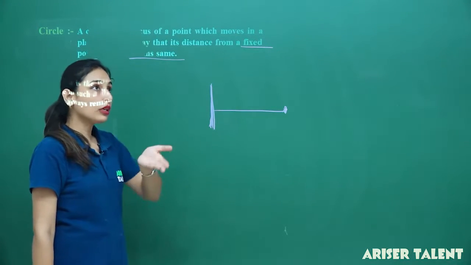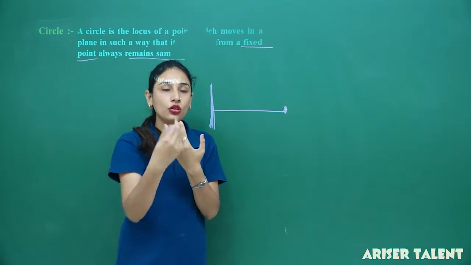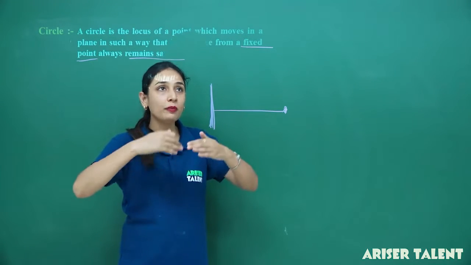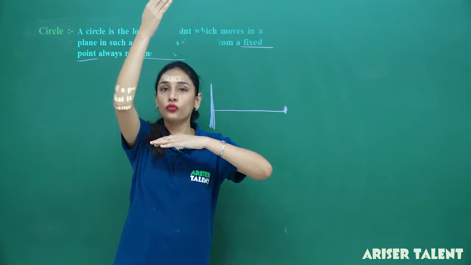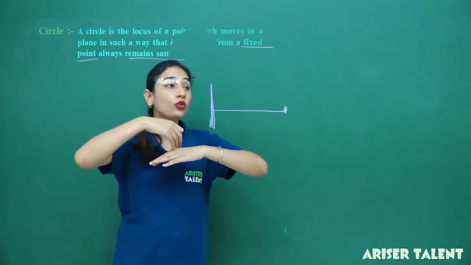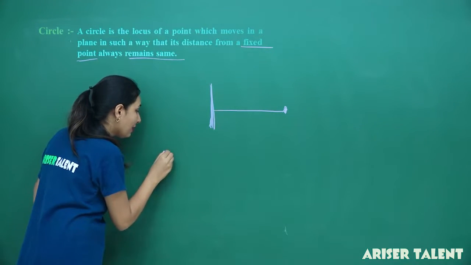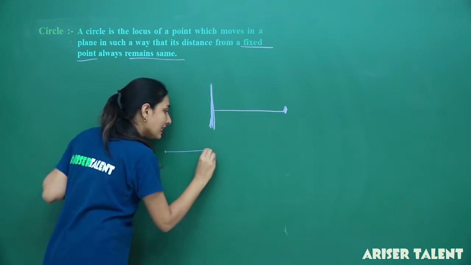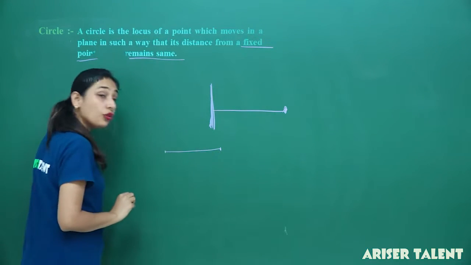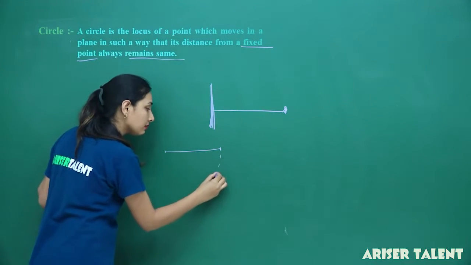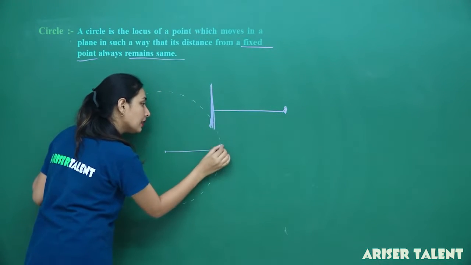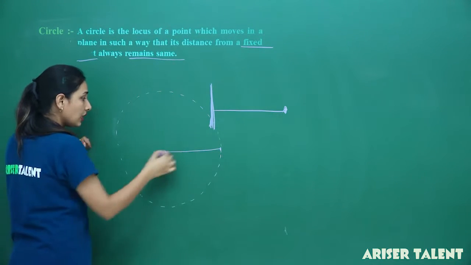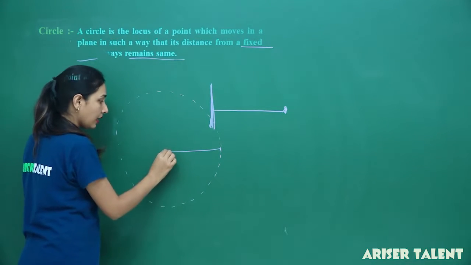Now, if you look at me from this side, that scenario will be different. But if you are looking at me from a roof, that will be the pole, and that will be the rope, and I'll be moving like this. All these distances will be equal.